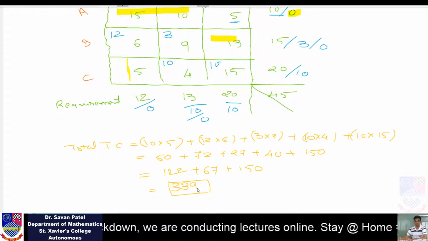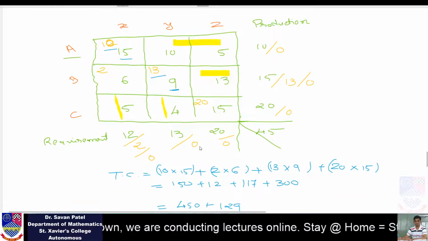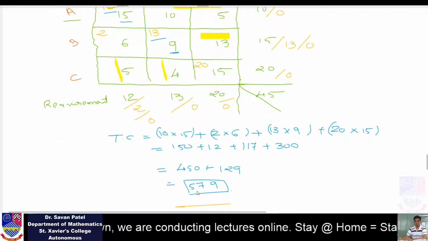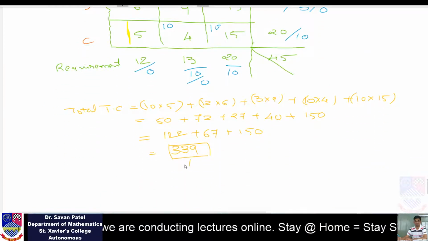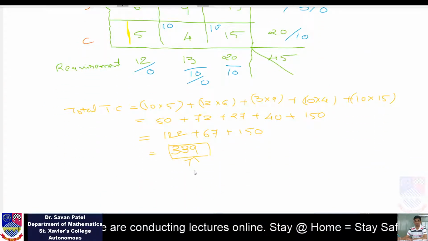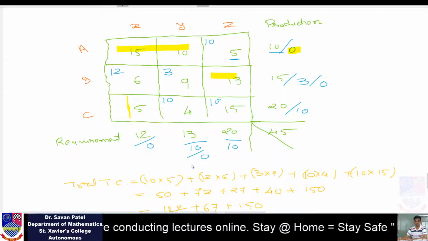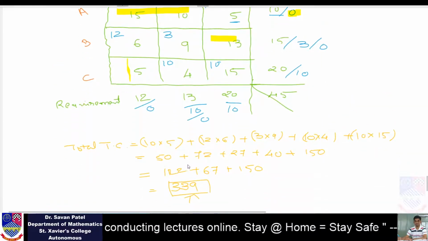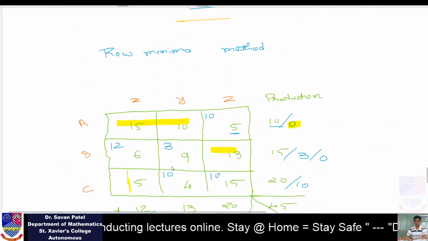So compared to the northwest corner method, where we had 579, in the row minimum method we have a transportation cost of 339. So this is smaller than the previous. So it is better to go with the row minimum method than the northwest corner method.